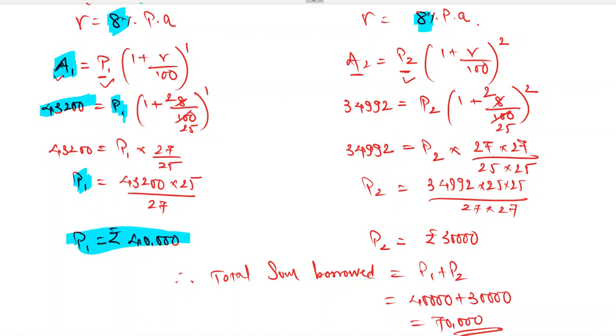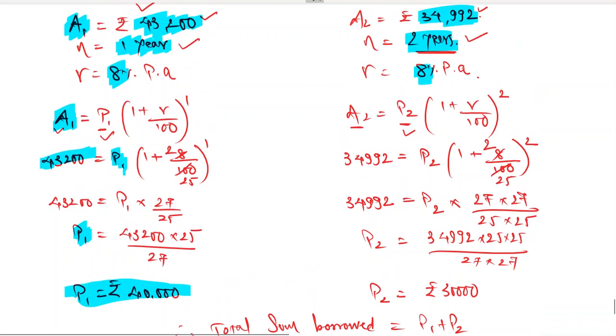So he used rupees 40,000 only for 1 year and paid back 43,200 with interest after 1 year. But he borrowed more than 40,000. So the remaining amount was used for 2 years.